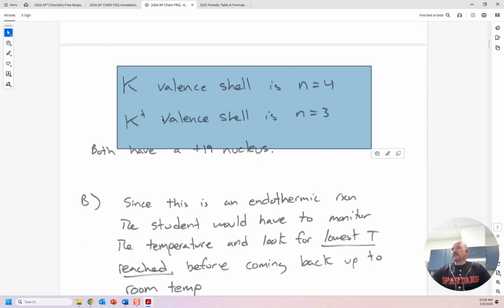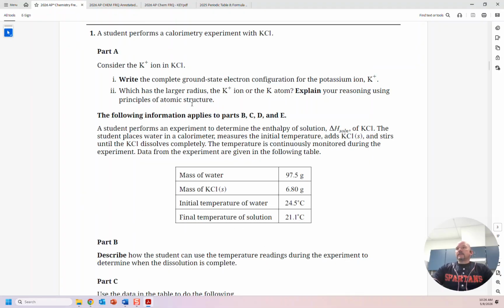When you have the same number of protons, if you have fewer electrons, you're going to have a smaller radius. But we're using atomic structure, and we're saying, hey, if my valence shell is n equals 4 and your valence shell is n equals 3, but we have the same positively charged nucleus, the one with fewer energy levels of electrons is going to have the smaller radius, right? All right. So we move on.